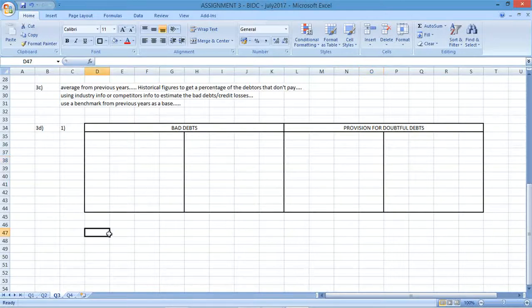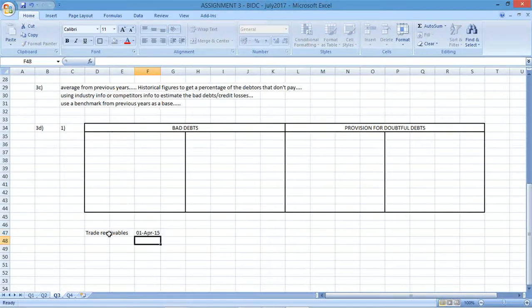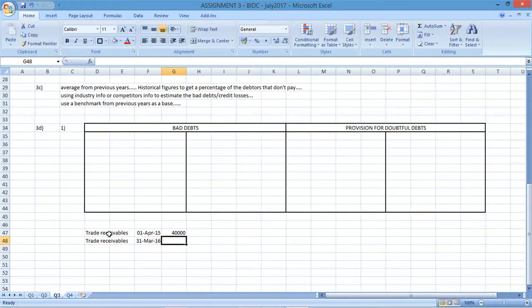So the question tells us that trade receivables on 1 April 2015 is 40,000. They tell us that trade receivables on 31st March 2016 are 46,000.